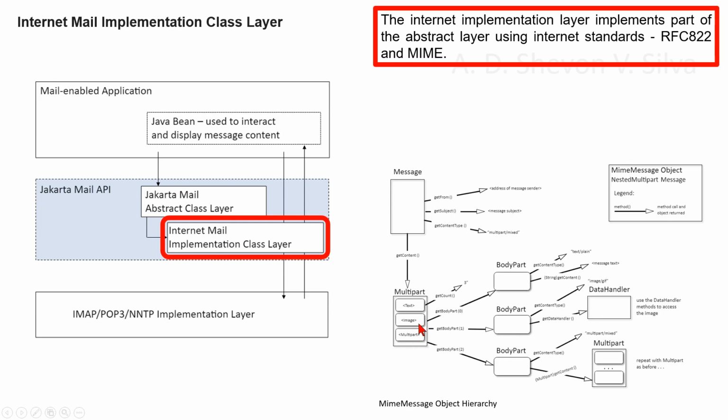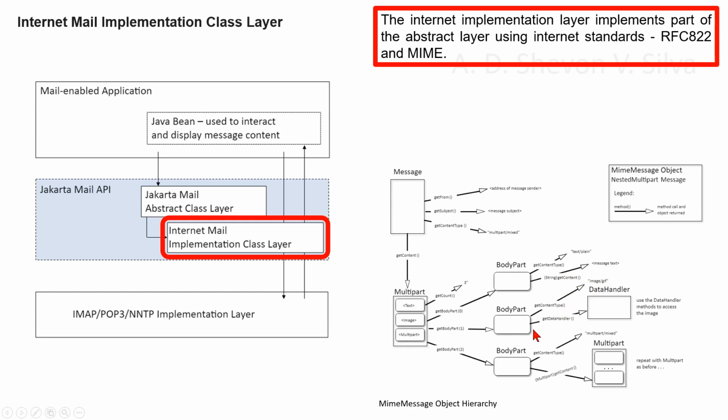Here in multipart, getCount returns, for example, 3, and getBodyPart returns body parts. You can see the body part here, and in body parts getContentType returns, for example, text/plain, and here getContent returns the message text.